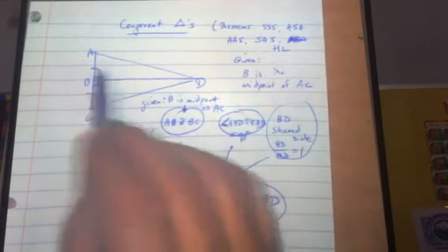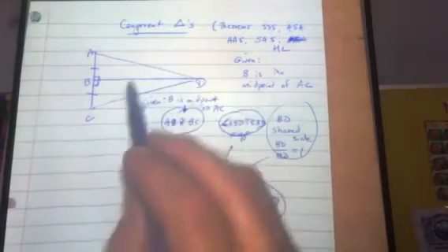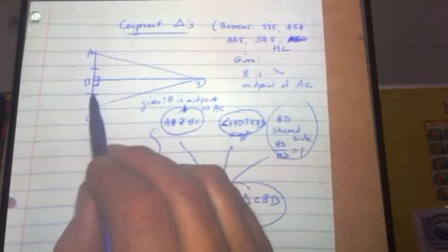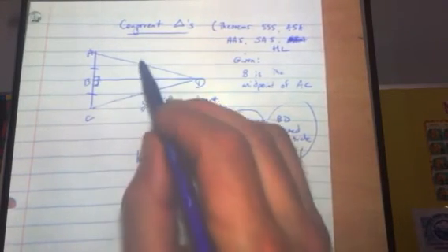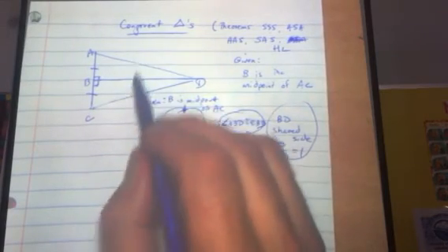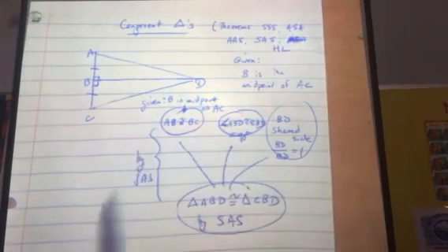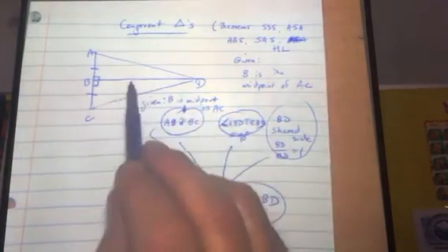You suddenly have yourselves two right triangles, and you can show that you've got one leg equal, you've got a right triangle, and the hypotenuses are going to be equal. So these two, AD and CD, are going to be equal, and you can use the hypotenuse leg theorem to show that, and then prove that these two are congruent.